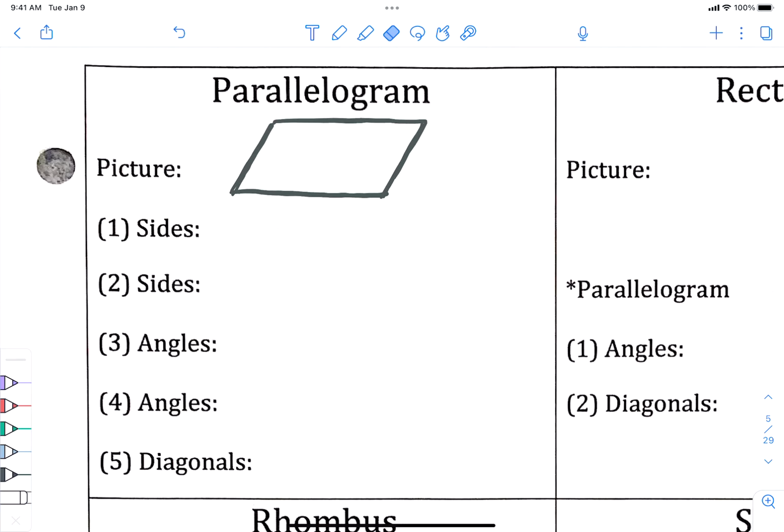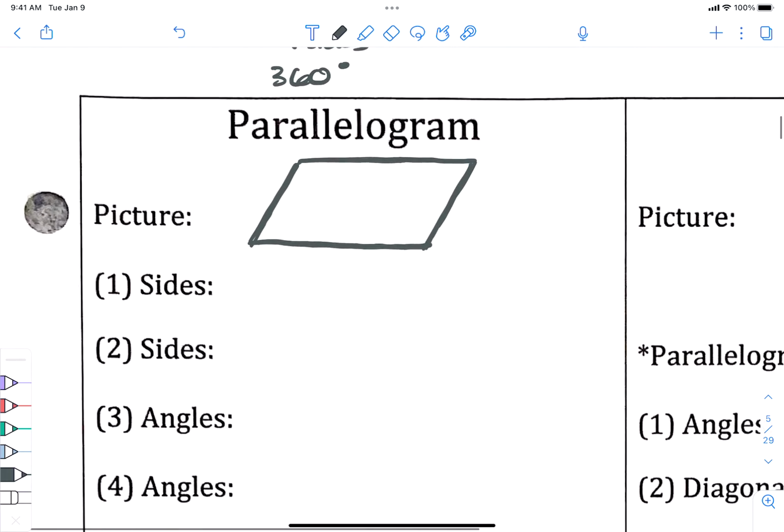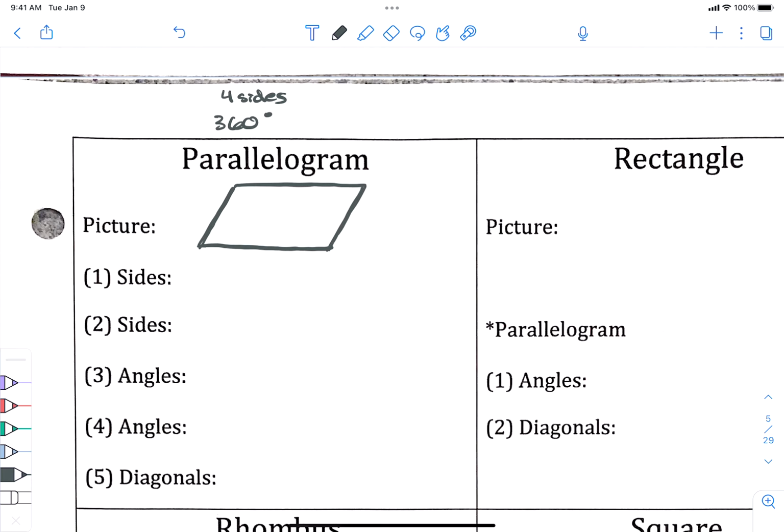We're going to see if we can come up with all of these pieces of information. We're going to mark them on the diagram. Aside from the fact that a parallelogram has 4 sides, that's not included, and we already know that he's 360 degrees, that is not included in this stuff down here. So yes, it is a 4-sided figure. Yes, it's 360 degrees. Aside from that, we've got 5 more unique things about him.